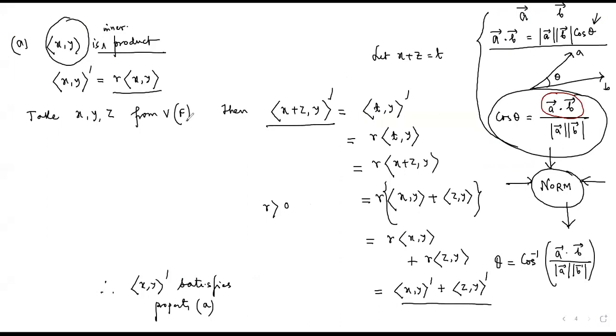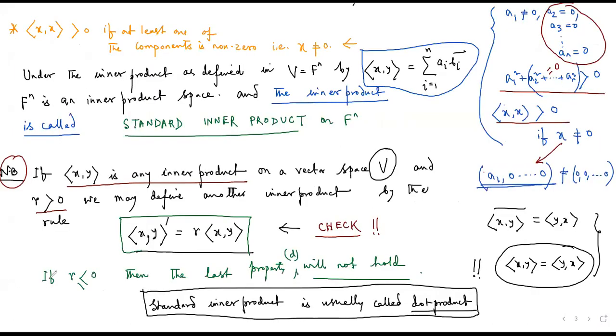Now the next important part is that you need to check all the properties B, C, D. It is written over here that if R is less than or equal to 0, then XY prime will not become an inner product, because the last property D will not hold. So you need to check this: if R is less than 0, what happens to property D?